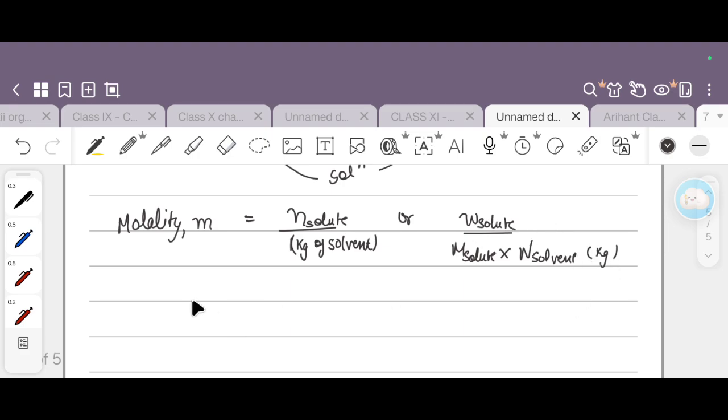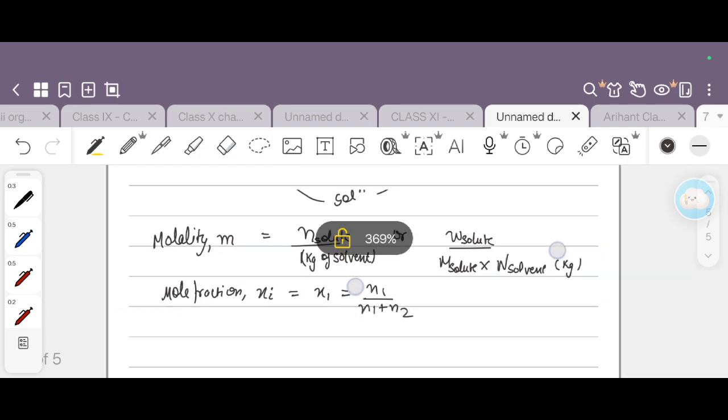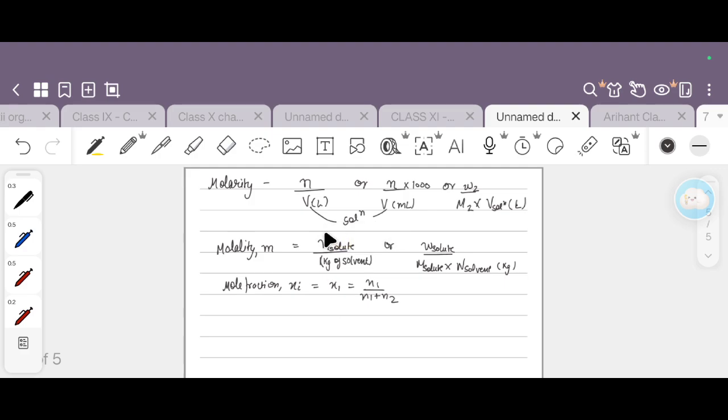The next term is mole fraction, represented by x, that is x1 equals n1 upon n1 plus n2. So these are the concentration terms we are going to study in this chapter.